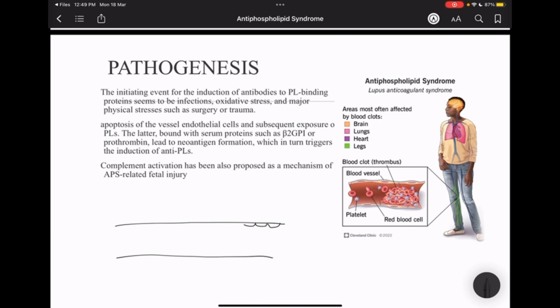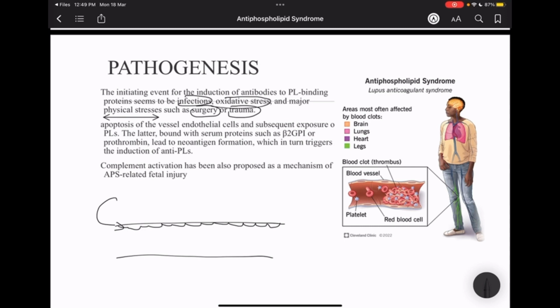So for the pathogenesis, let's say here we have a blood vessel, and we have endothelial cells. Let's say that we have surgery or trauma, anything that induces physical stress, and infections, oxidative stress, which can lead to damage to the endothelial cells or the blood vessels.